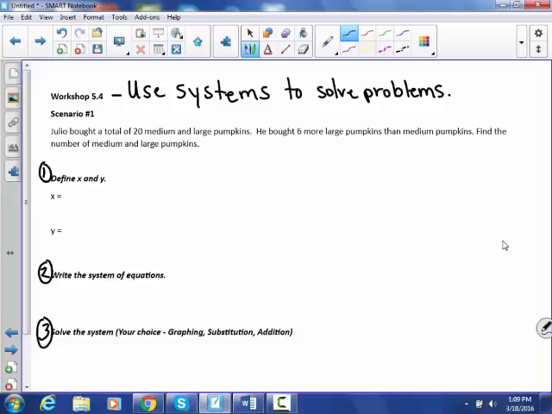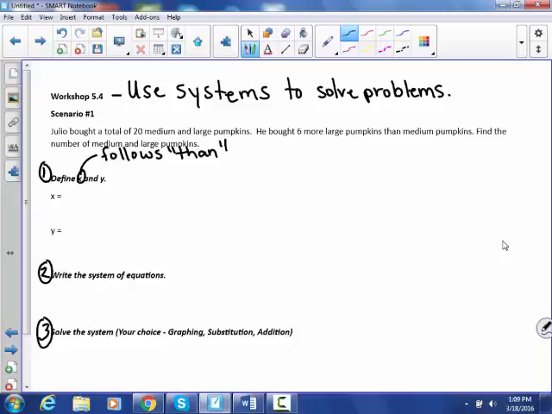Now, here's your hint about defining what is X and what is Y. If you will let the part of the problem that follows the word than, if you will let that be your X, it will make things a lot simpler for you. Okay?